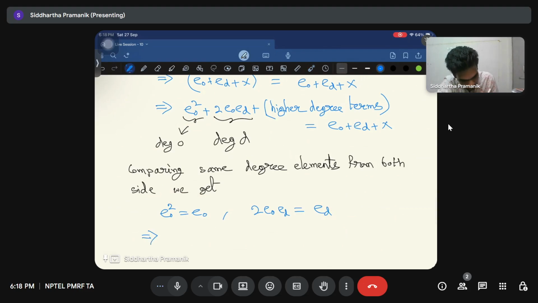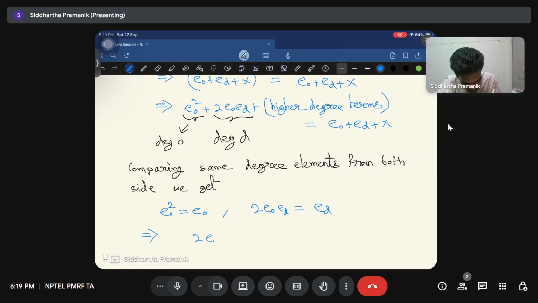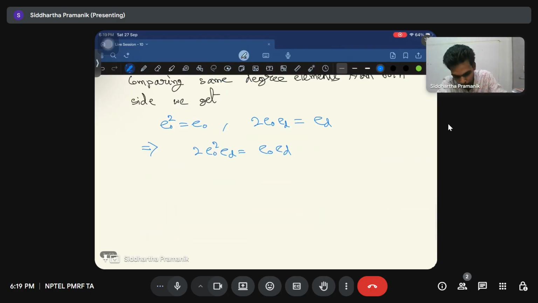Now E0 square equals E0, that means E0 is idempotent. Here if we multiply both sides by E0, then what will we get? 2 E0 square ED is the same as E0 ED, but E0 square we can replace by E0.